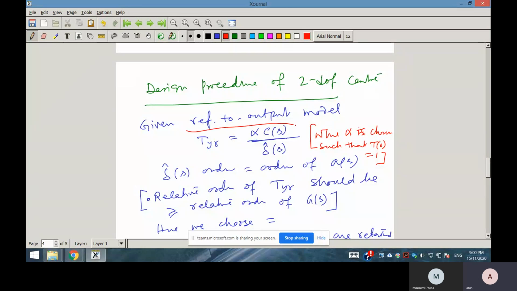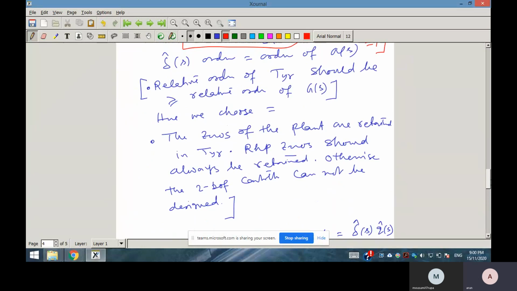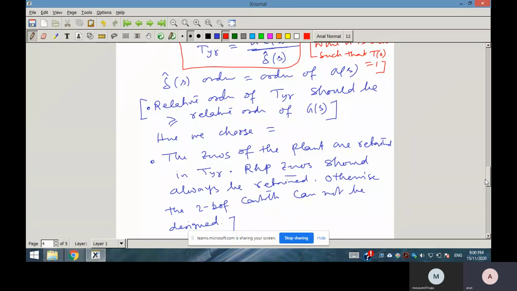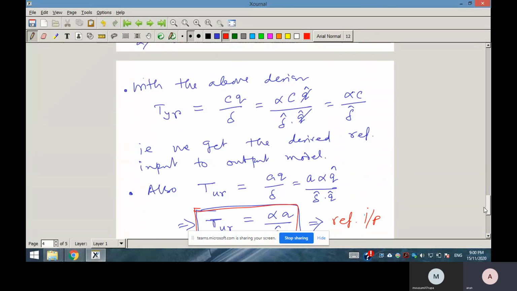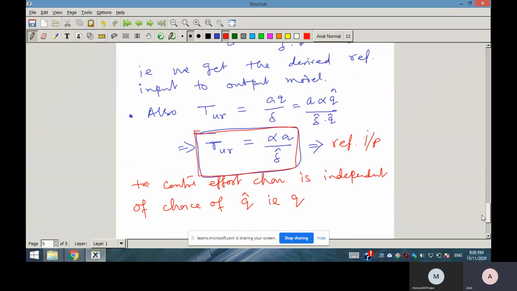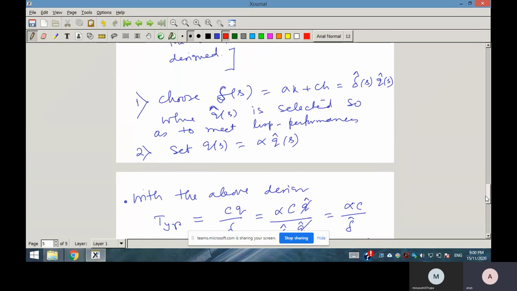So this is your TYR transfer function, and not only that, this is very important: your TU2R transfer function also gets fixed once you have chosen a desired reference model. With this design method, the reference input to output characteristics and reference input to control effort characteristics remain unchanged while setting the loop performances.